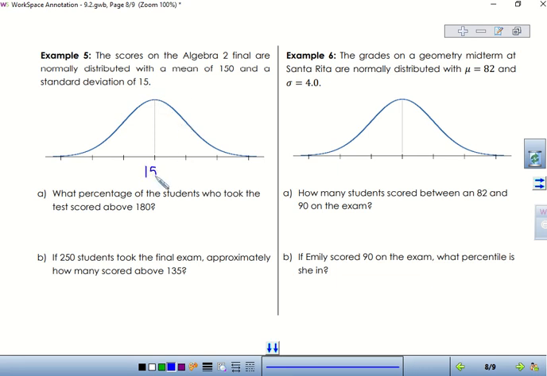So your mean goes in the middle, and then you're going to add and subtract your standard deviation. I'm adding my standard deviation, adding it again, and adding it one more time. And then on this side, I'm going to be subtracting it.